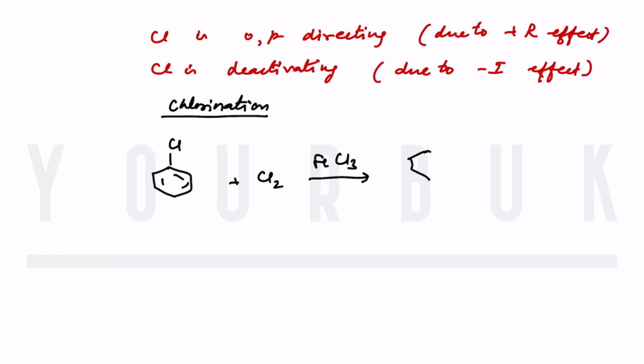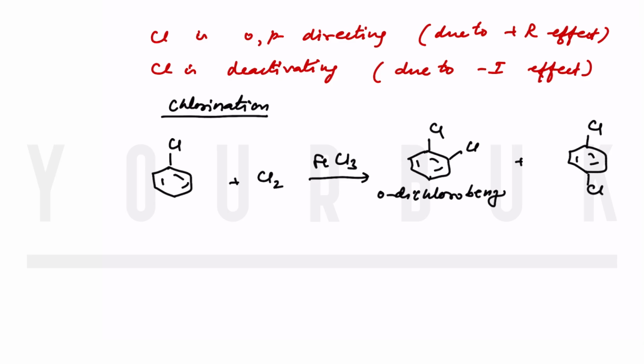So it gives us two products. One is ortho, one is para. So this is called ortho-dichlorobenzene. And this one is called para-dichlorobenzene.